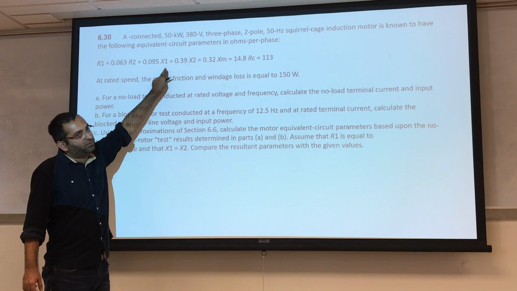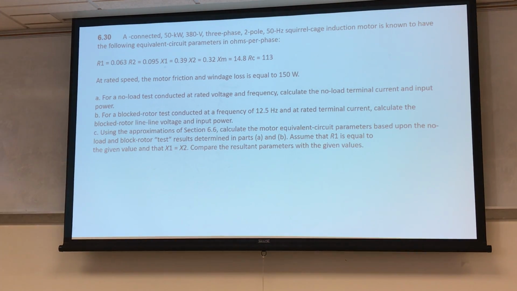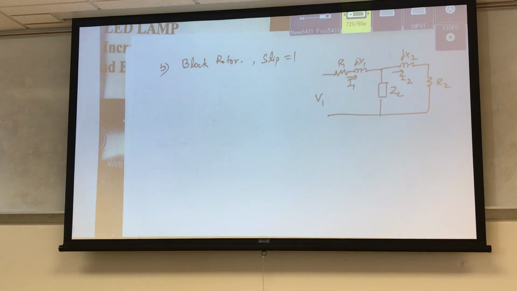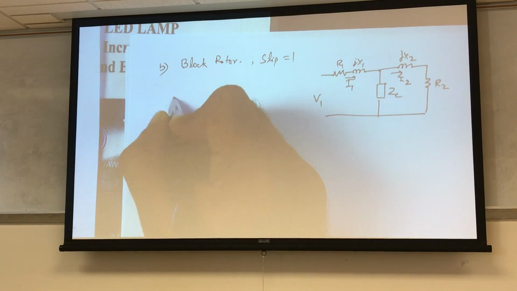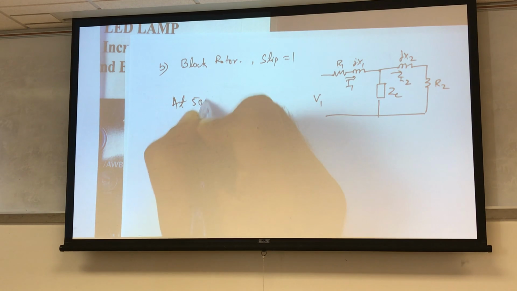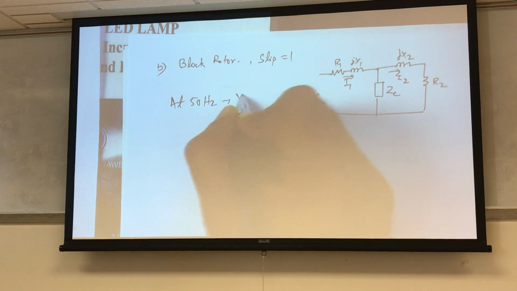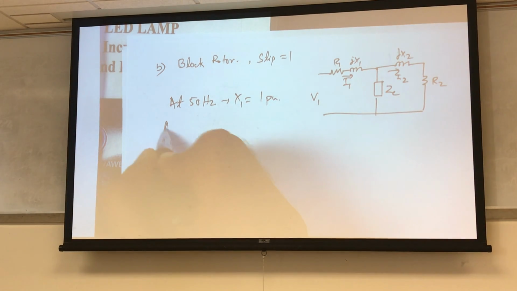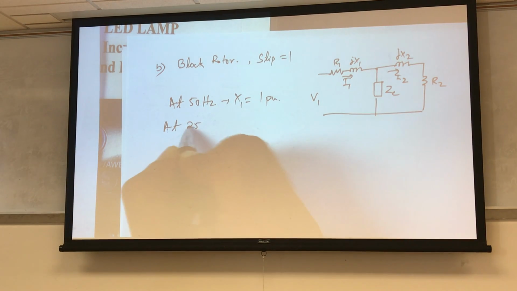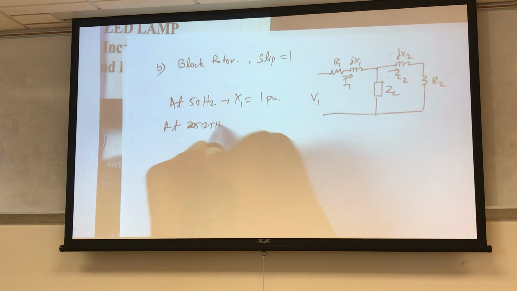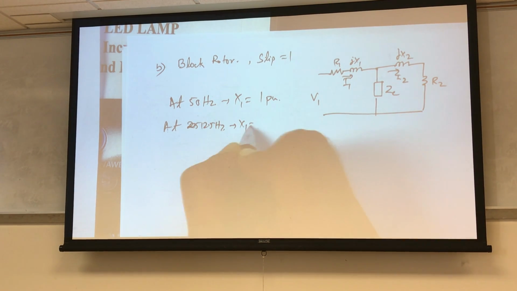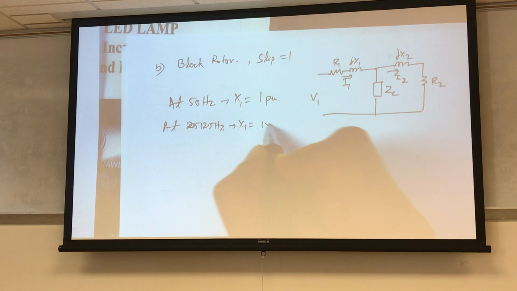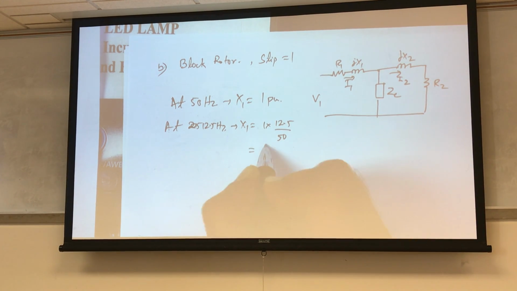So if it is x1, suppose at 50 hertz I define x1 as 1 per unit. Then at 12.5 hertz, x1 should be how much? 1 times 12.5 over 50, which is equal to 1 over 4.